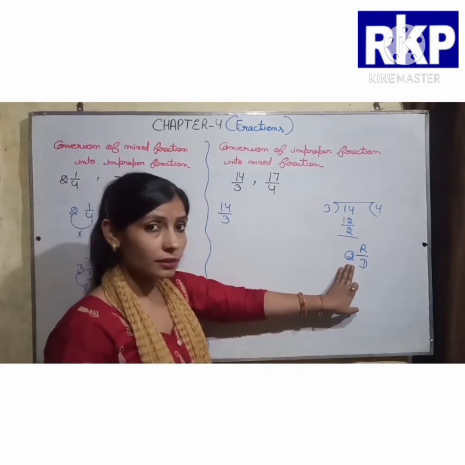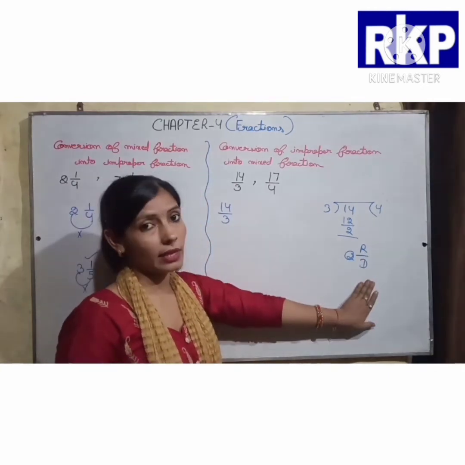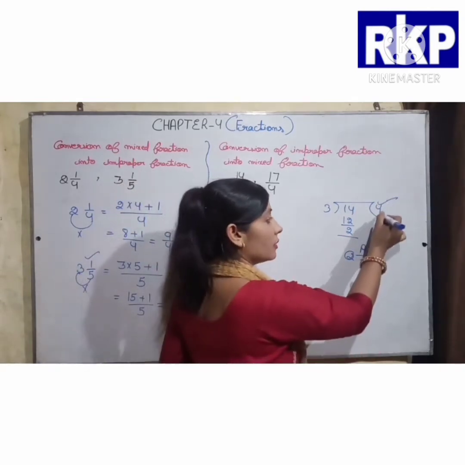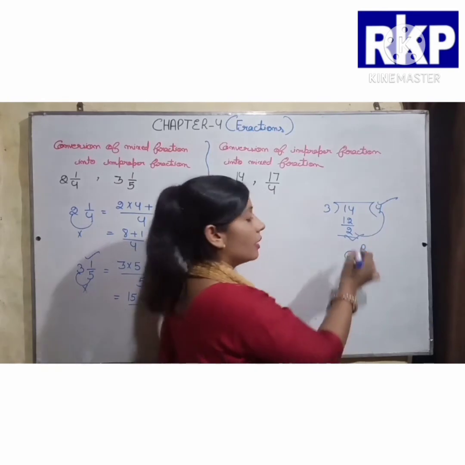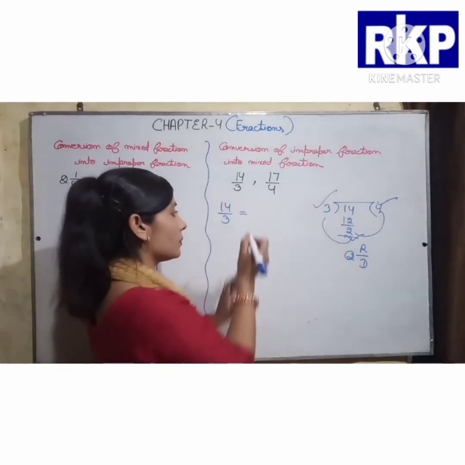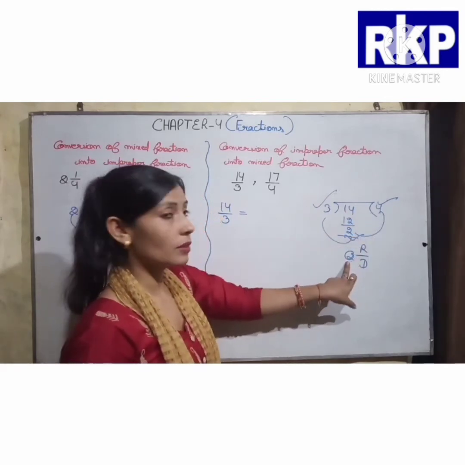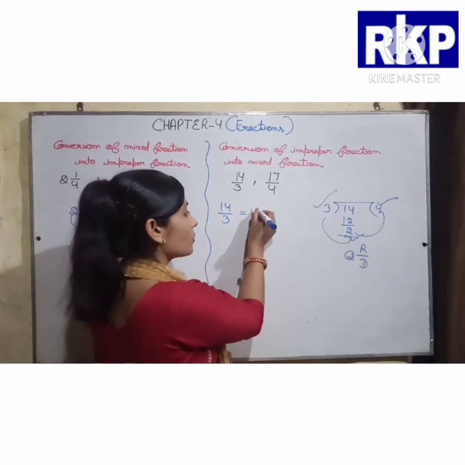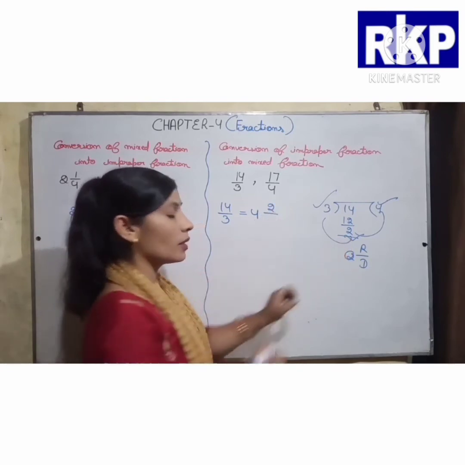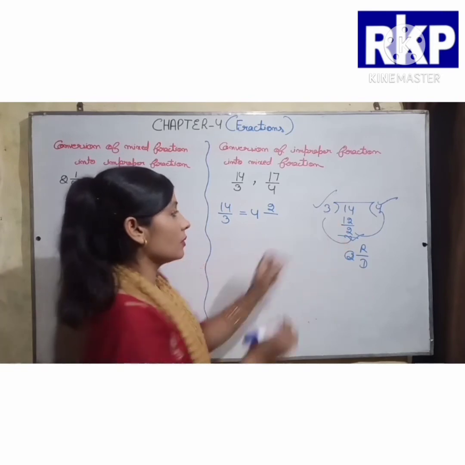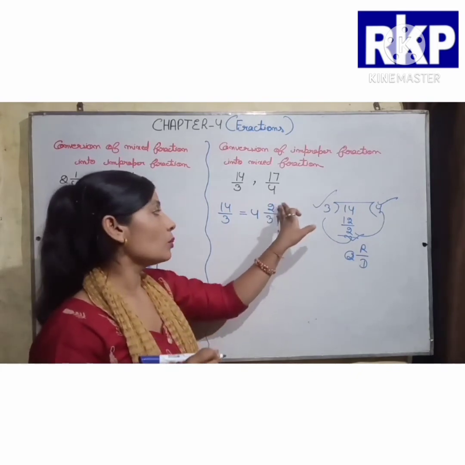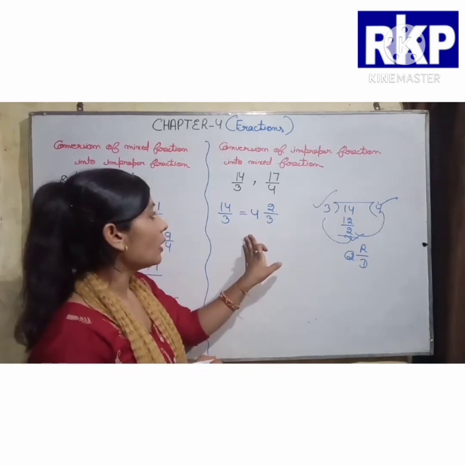First of all we write the quotient, then the remainder, and then the divisor. So here the quotient is 4, then remainder 2, and then divisor, so by 3. So what is our answer? 4 and 2 by 3. Okay, now let us see the next.